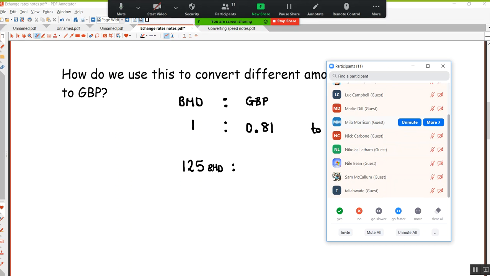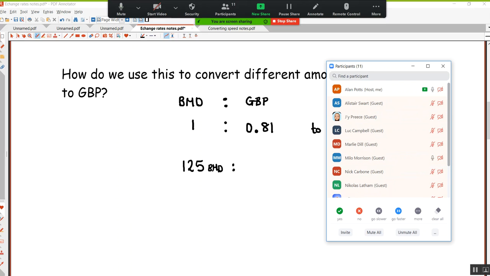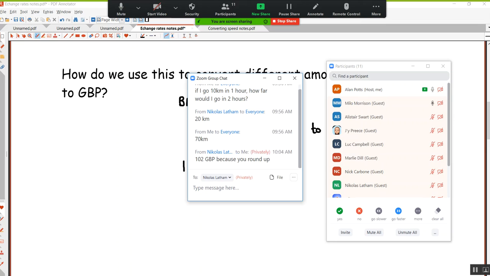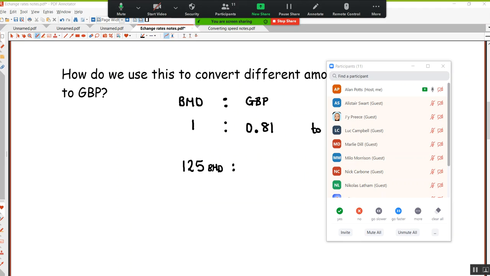Do you know? No? Milo? Sorry? You don't know. It's not about rounding up, Nick. I just want to know what actual maths I would do.